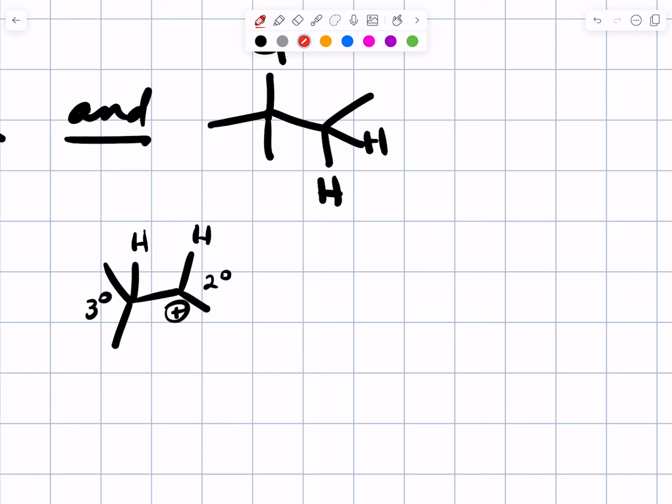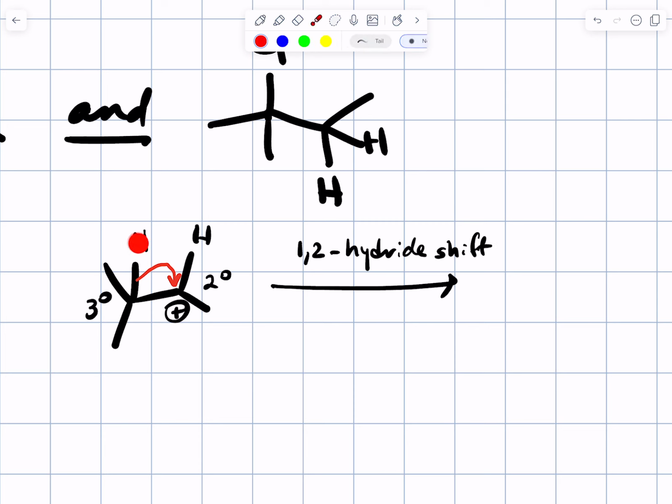Here, if the hydrogen takes its electrons and shifts over one atom, that's called a 1,2 hydride shift. It's not a 1,2 proton shift because it's not just the proton that moves over, it's the proton plus 2 electrons, and the name for a proton with 2 electrons is hydride.